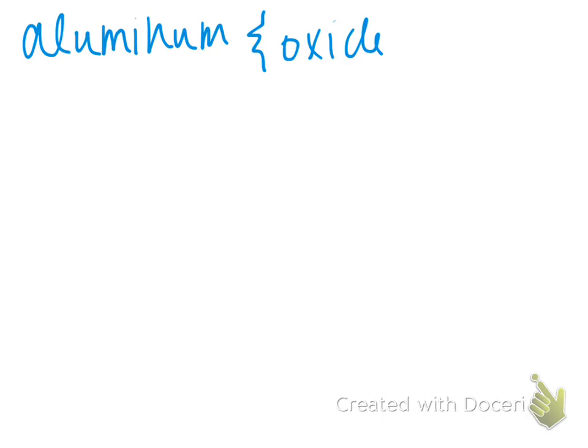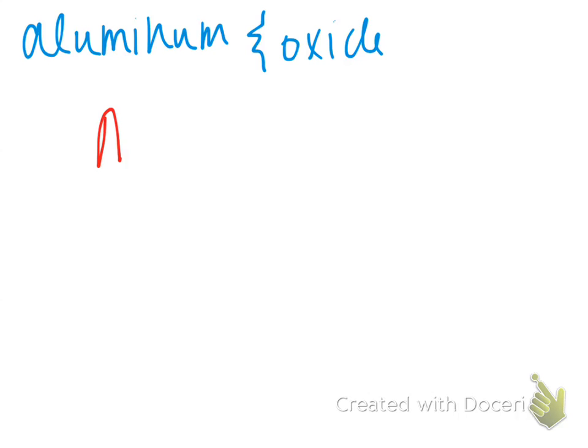So the metal will always come first in our chemical formula and in our name. The non-metal will come second. Aluminum is the farthest to the left, so it goes first in our formula. Oxide is farthest to the right, so it goes second. So it always goes metal, then non-metal.